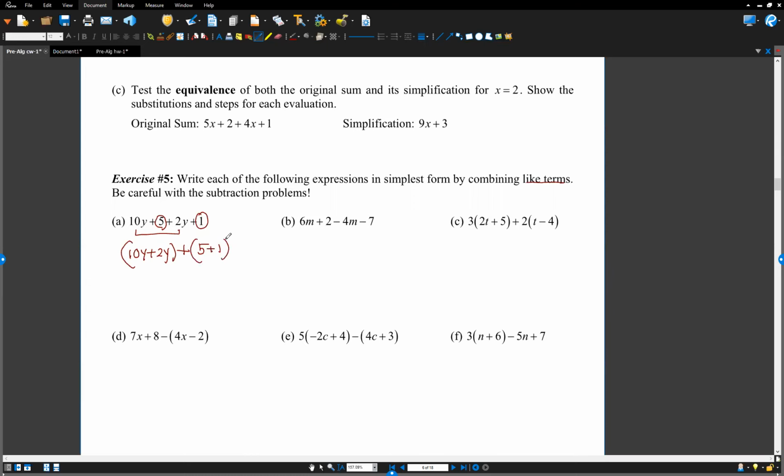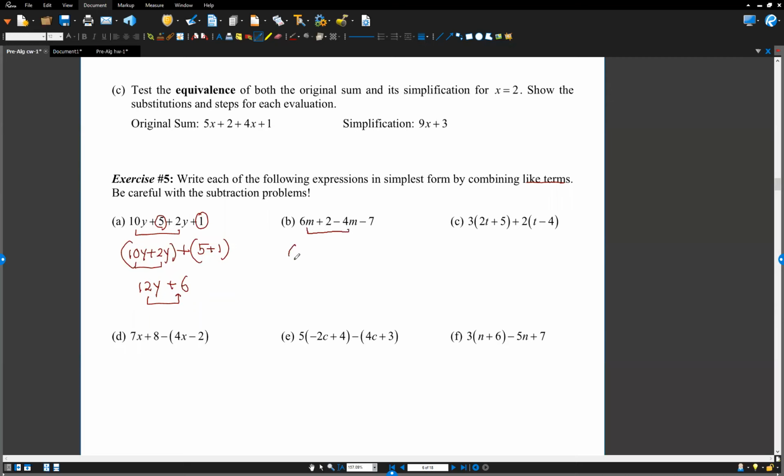Because they're all positive, 10 banana plus 2 banana is 12 bananas. 5 plus 1 is 6. That's not like terms anymore. This one results in a binomial.